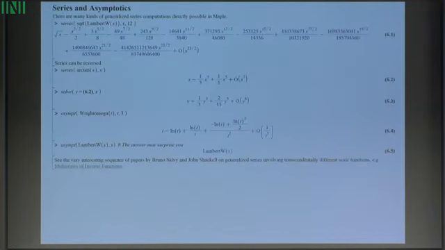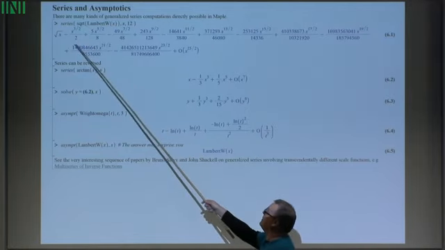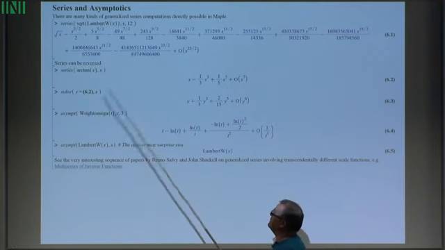Series. Lots of people love series and asymptotics. Maple's series have been generalized since the beginning. You have Taylor series, Laurent series, Puiseux series. Here's a Puiseux series for the square root of Lambert W, and it just says, no problem. Powers, fractional powers. Series can be reversed.